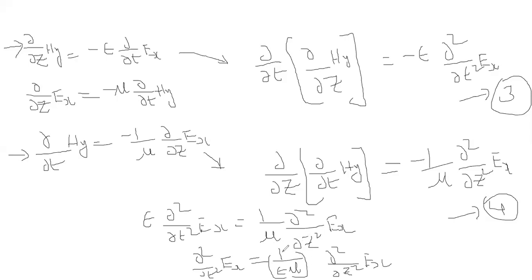And this function, whatever we have here, that is a constant, the velocity V, in terms of permittivity and permeability. V square is equal to 1 by mu epsilon, taking the square root, V is equal to 1 by under root of mu epsilon.